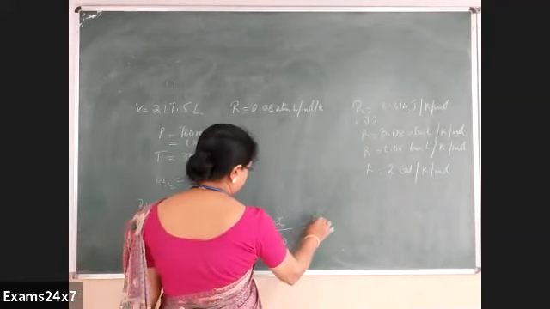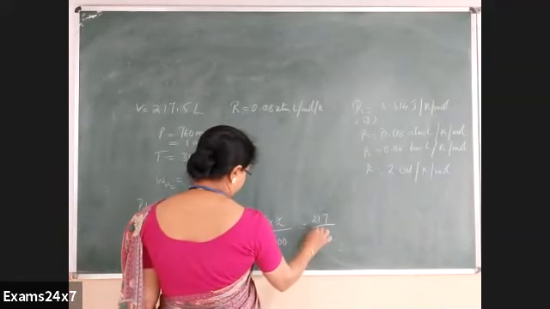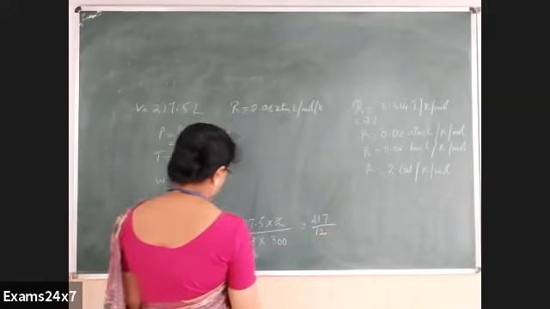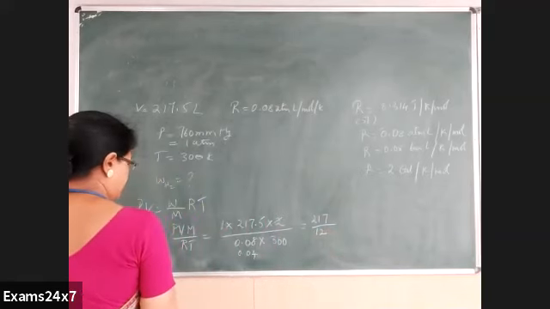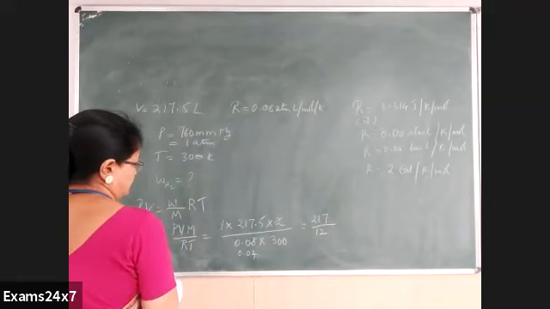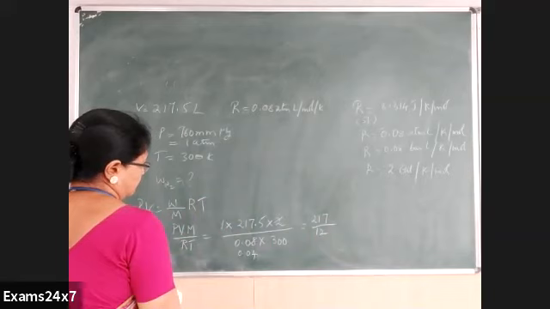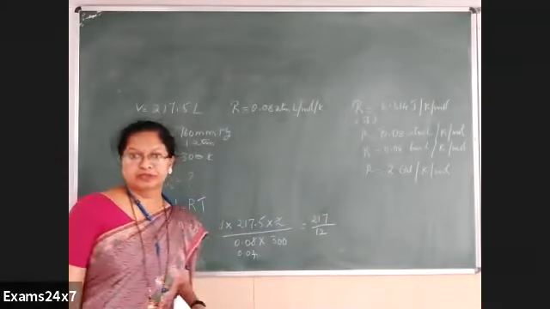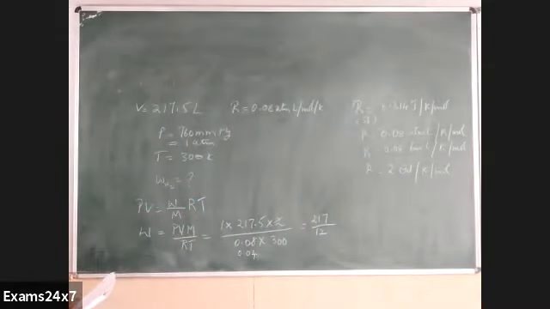This is 217 divided by 12, right? That will be around 200 by 10, around 20.